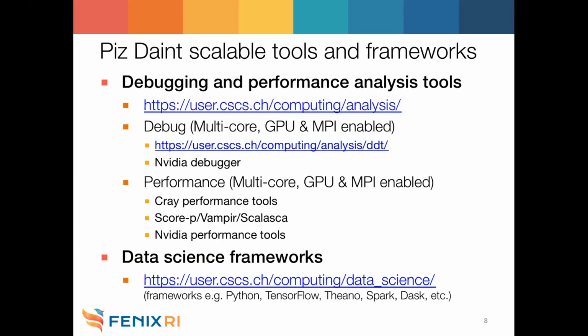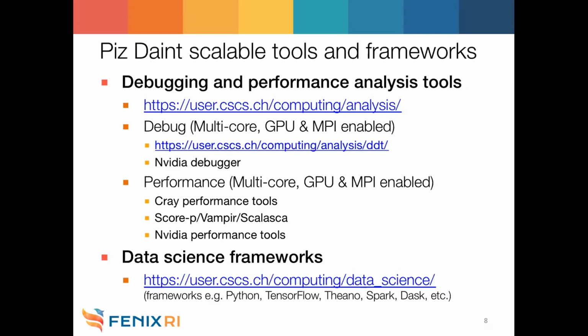One is we have to provide tools that work on the multi-core part, as well as GPU together with MPI. So the majority of tools you will find available do not cover the full spectrum. And in Piz Daint, because of its hybrid and heterogeneous characteristics, if you are building applications in multi-core environment and GPU environment, you will have scalable tools available to debug your code, namely the Linaro DDT tool.